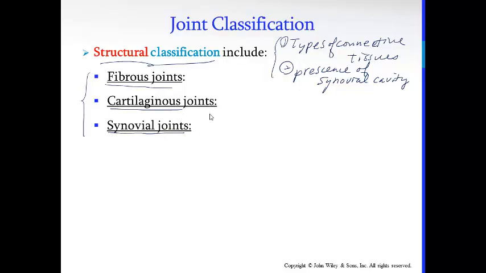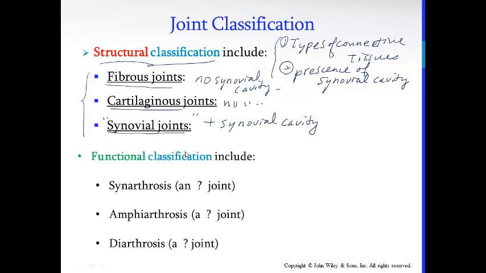Out of these three, only the synovial joints have a synovial cavity. The fibrous joints have no synovial cavity. Same thing for cartilaginous, no synovial cavity. And so we'll take a closer look at all three of them.